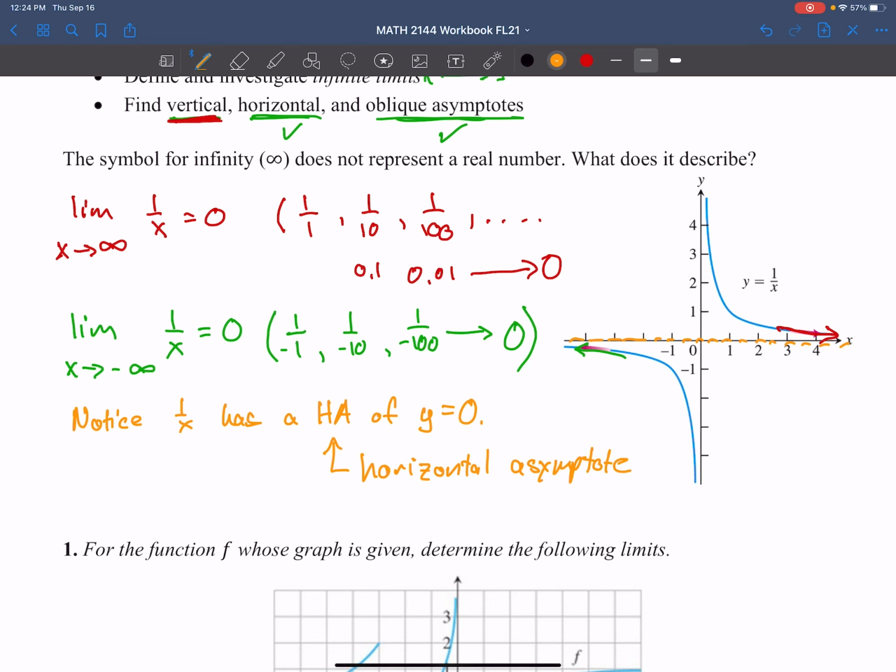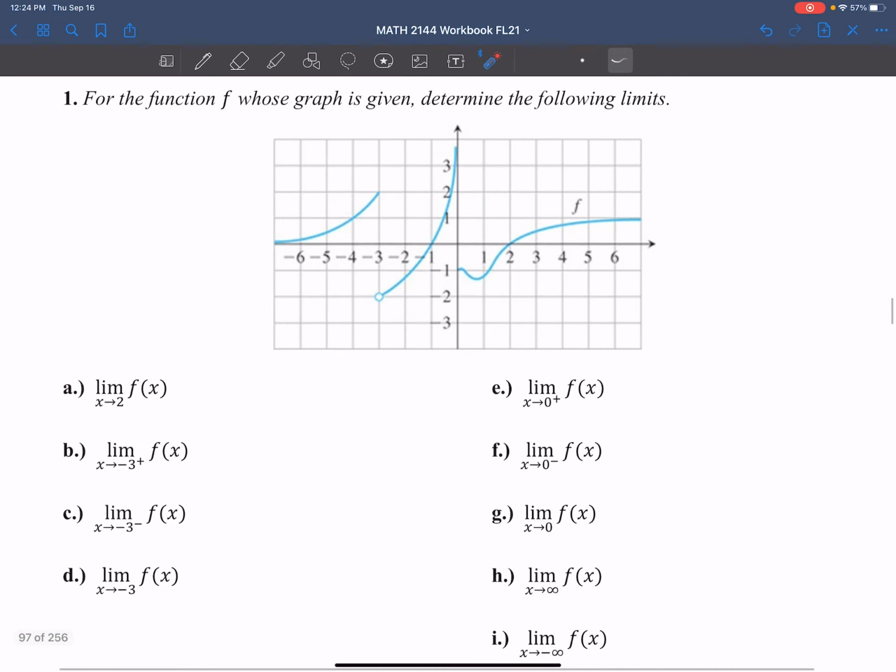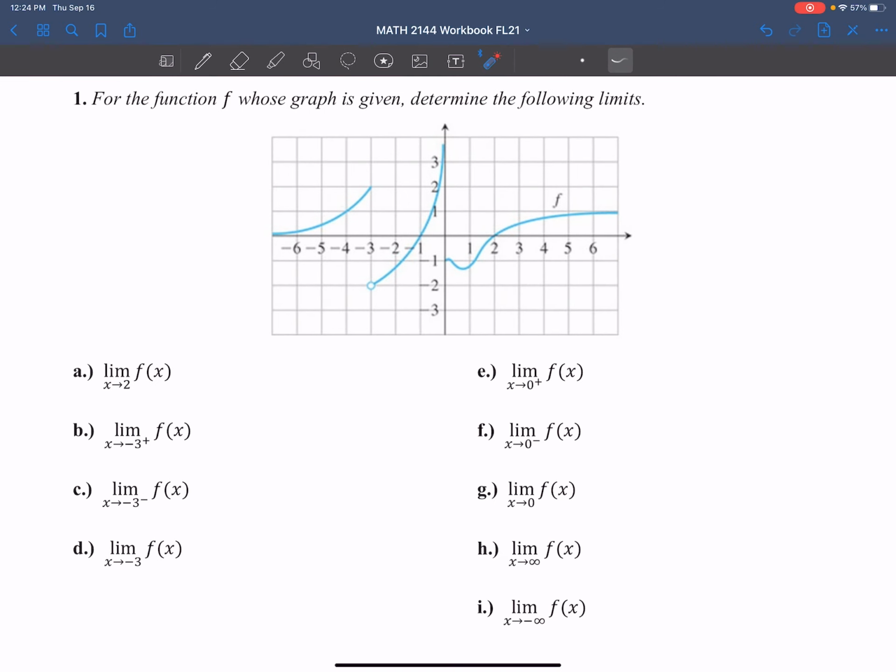But now that we have this idea of how to look at these as x goes to positive or negative infinity, we can go ahead and fit this idea of finding the limits graphically to all of our other scenarios. So down here at 1, some of these are a review, some of them are new. But let's go ahead and look at A. The limit as x approaches 2 of f of x.